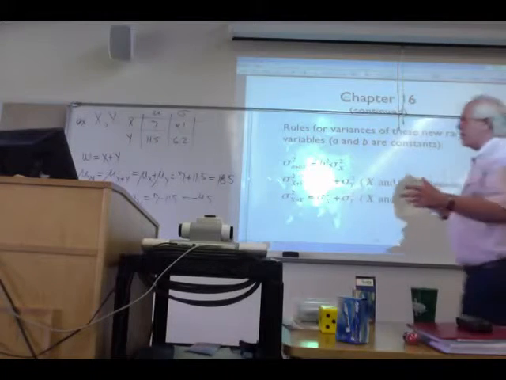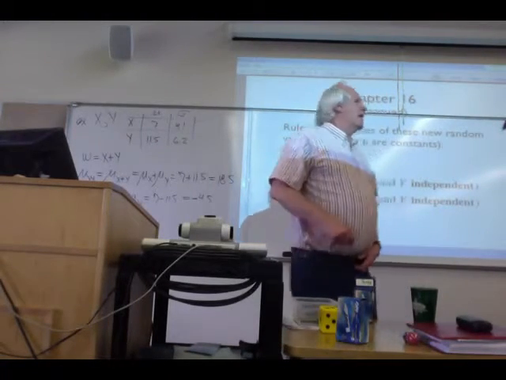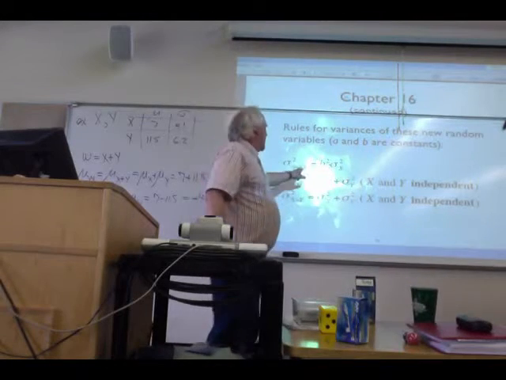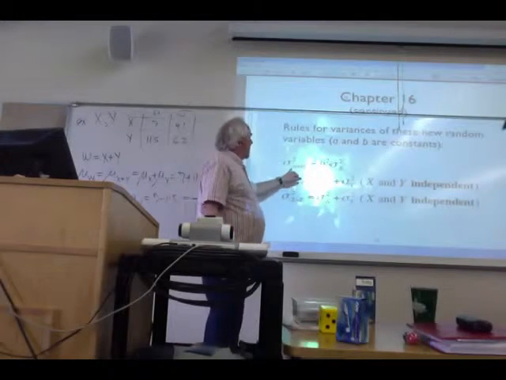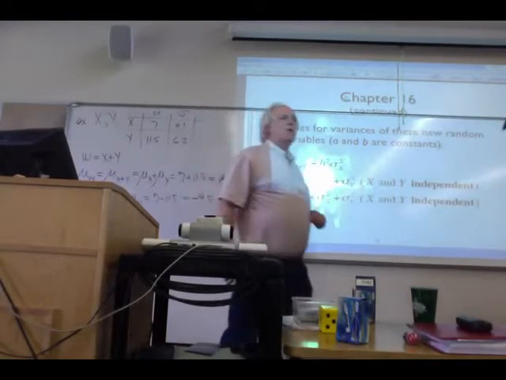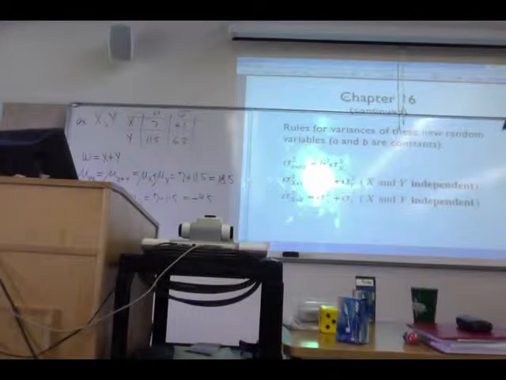Not quite the slope, but you're scaling it. In a way, it is. But b is what we multiply x times. A is that we shift every value by the same amount. So the variance, which is a measure of how things are dispersed about the center of the mean, is not affected by a.